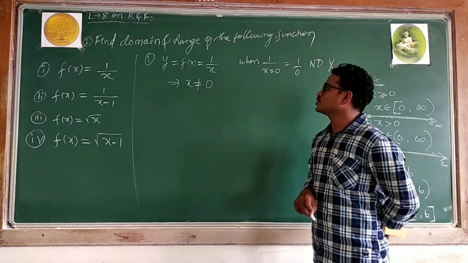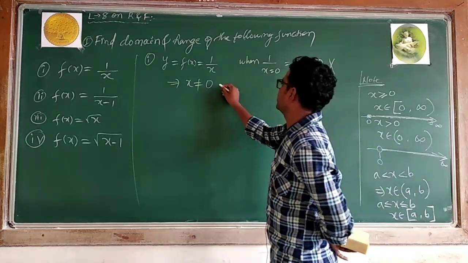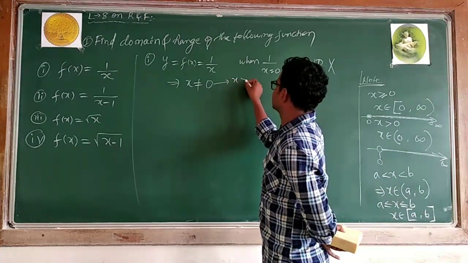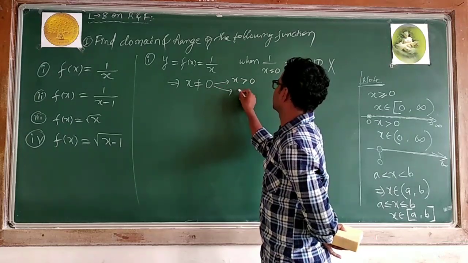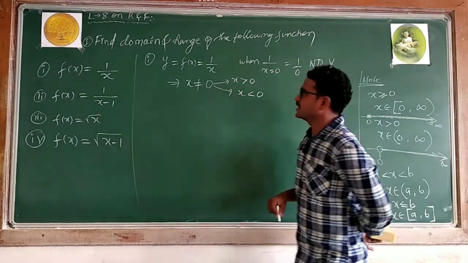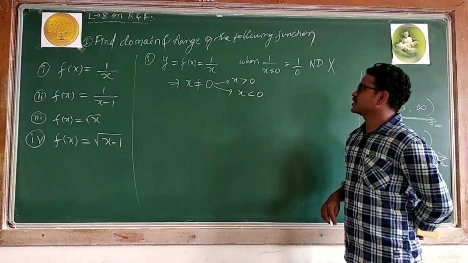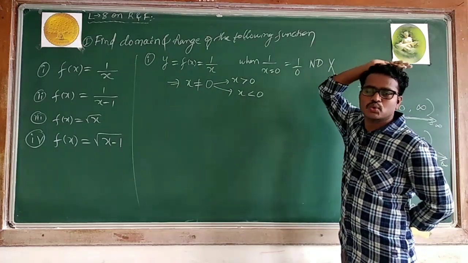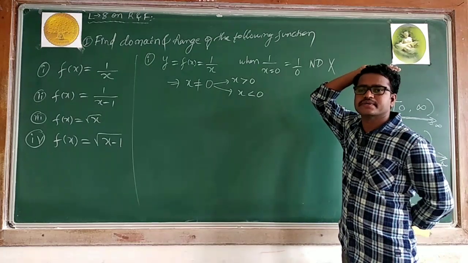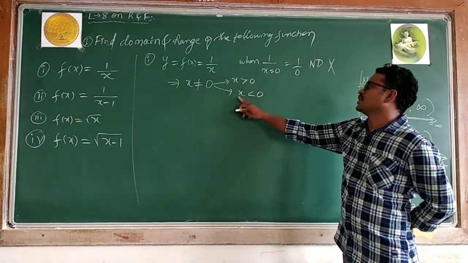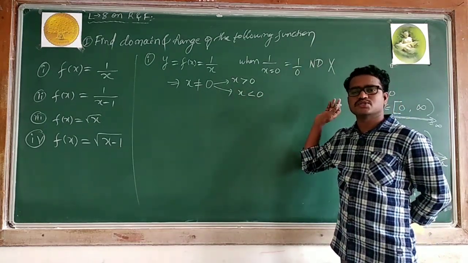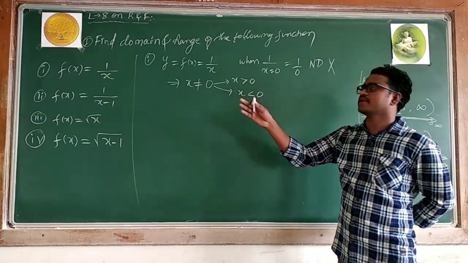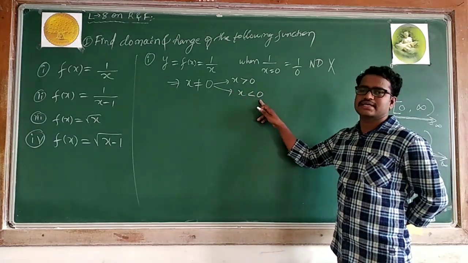X should not be equal to 0 means what? It may be x greater than 0 or x lesser than 0. X greater than 0 means 0 to infinity, but 0 is not included. X less than 0 means all negative numbers, but not including 0.